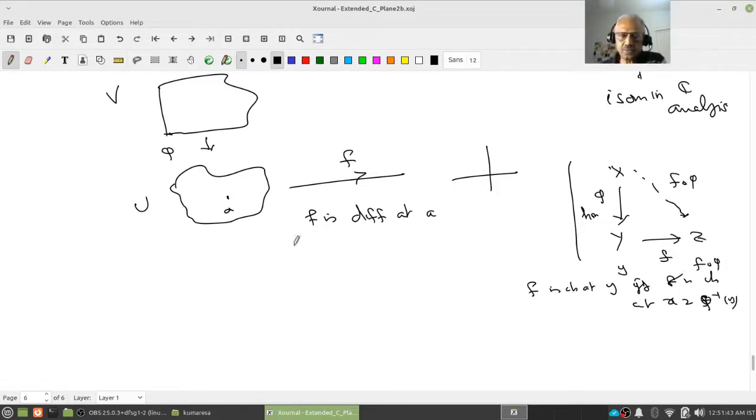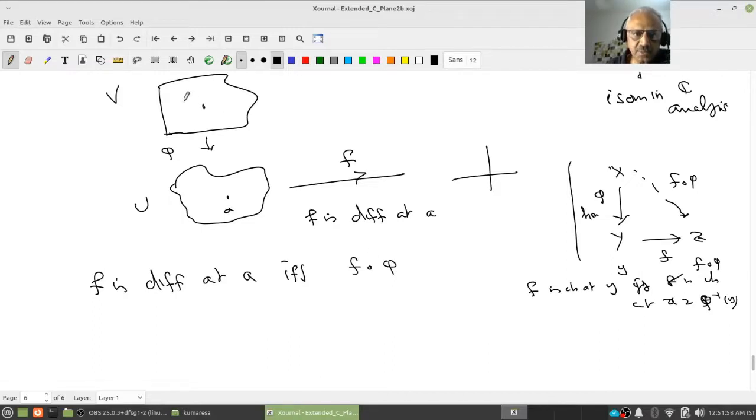So what should be the analog? I want to say f is differentiable at a if and only if f composite phi is differentiable at phi inverse of a. This is the observation or the principle.